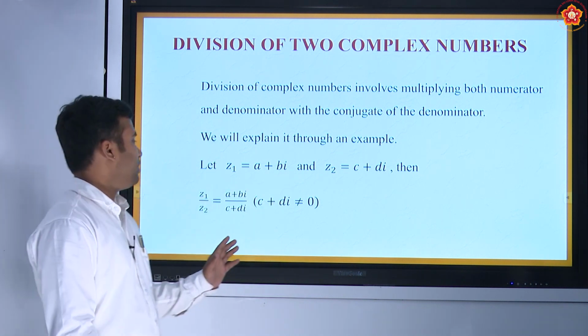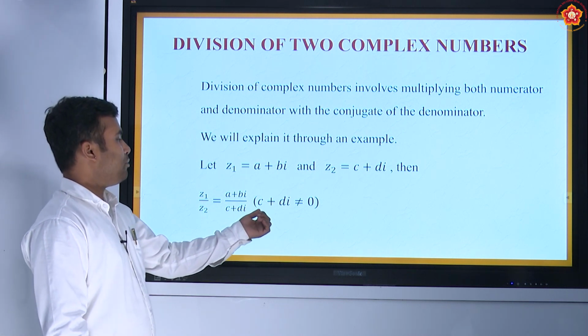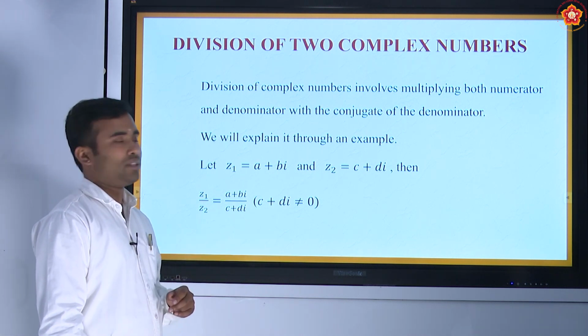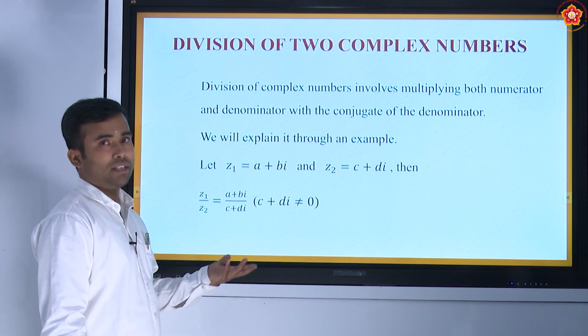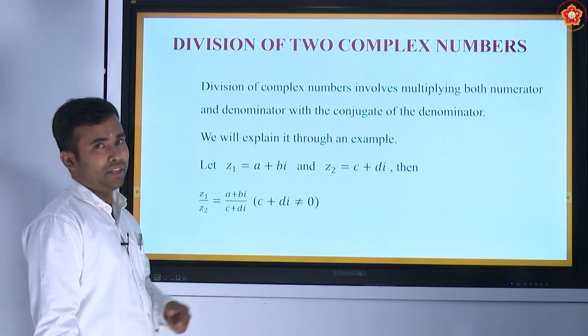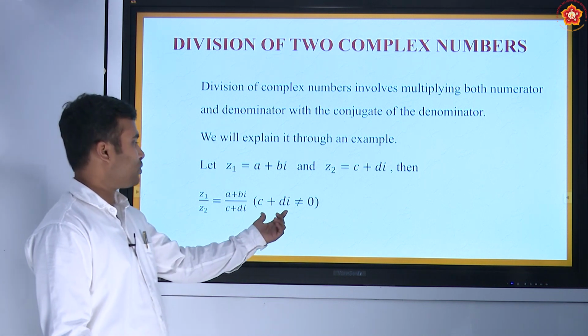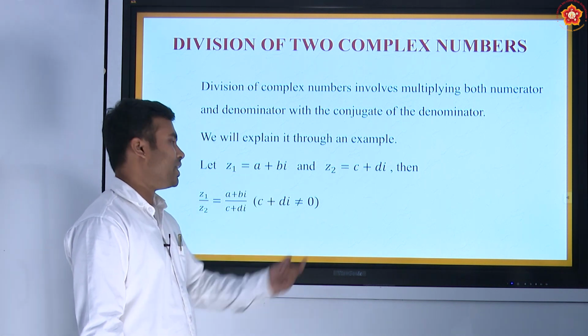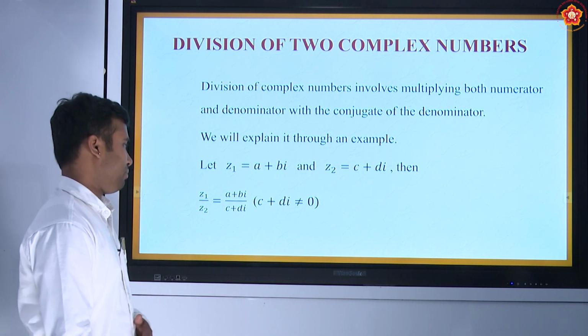Here C plus Di should not be equal to 0. If it becomes 0, something divided by 0 will become infinity. So the condition should be that C plus Di should not be equal to 0.